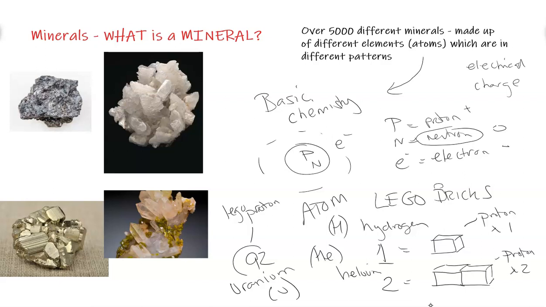Uranium is very large, so it's very unstable, and it breaks apart. So some of the Lego bricks break apart and fall off, and we call this radioactive decay. When the Lego brick breaks off and falls off, it's called decay, and this happens on an organized and certain time scale.